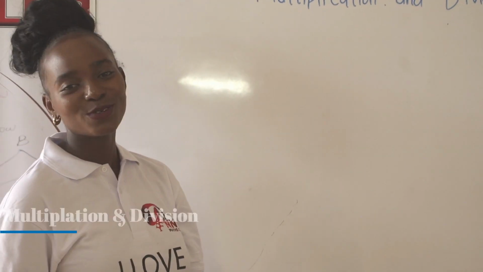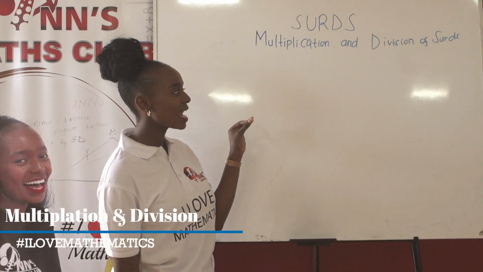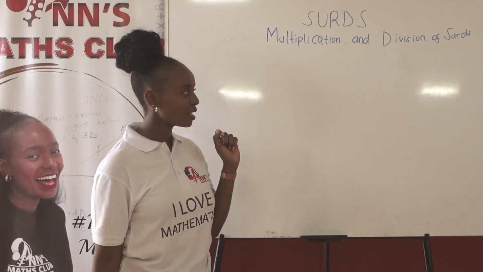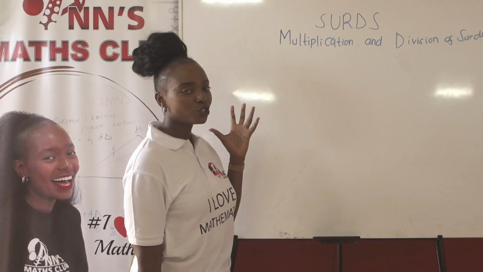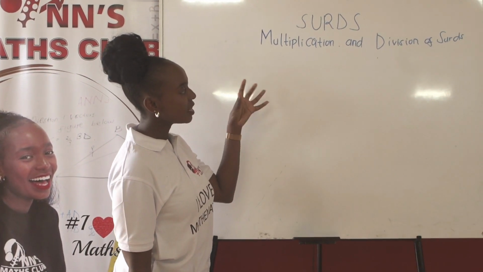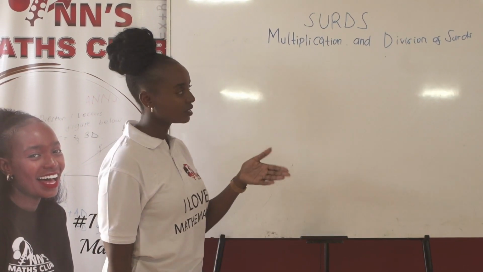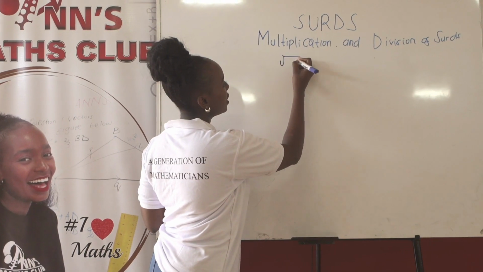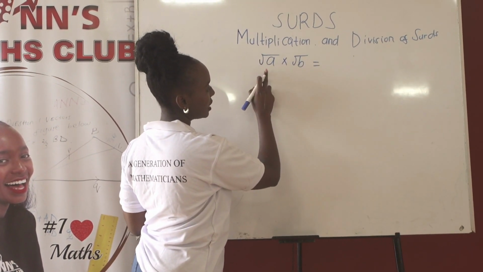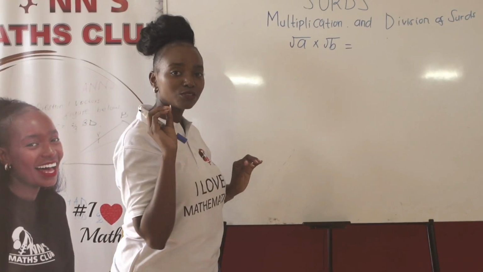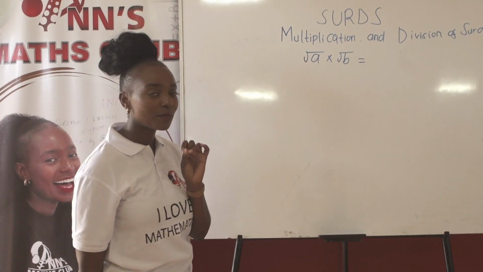Welcome back to Anne's Maths Club, and today we focus on multiplication and division of surds. When you talk about multiplication and division of surds, basically what you need to do is multiply or divide the values under the root sign. For example, we have root of A times root of B. You take the numbers under the root, and remember the difference with addition and subtraction is that they have to be the same numbers.